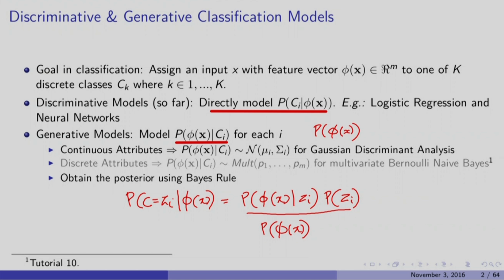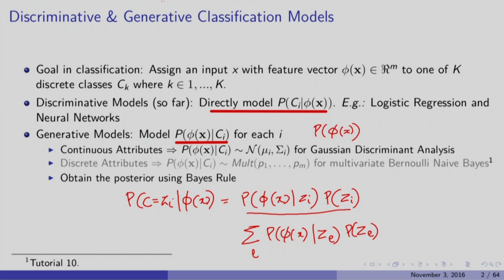Now the probability of phi x itself could be obtained through marginalization. It is a sum over all the possible labels of probability of phi x given ZL of probability of ZL.